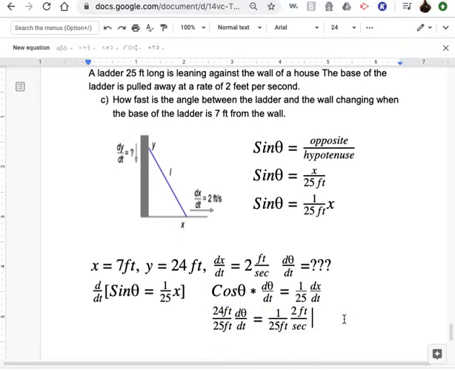Now, take a look at what's going to happen here with our units. We've got feet over feet on this side and feet over feet on this side, and all we're going to be left with is this second in the denominator. When all those units of length cancel out, our remaining unit is going to be radians per second.